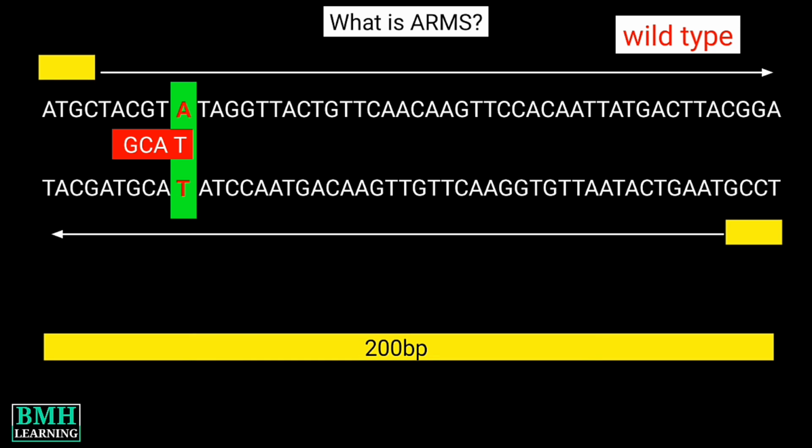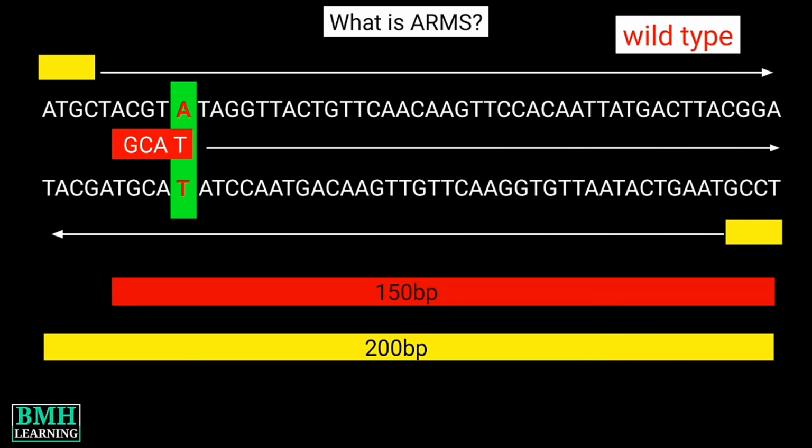Let's say this is 200 base pairs. Now remember, along with the two primers, we also used a third primer specific for the wild type allele. So this primer would also generate an amplified product. But you can notice this one is a little bit short.